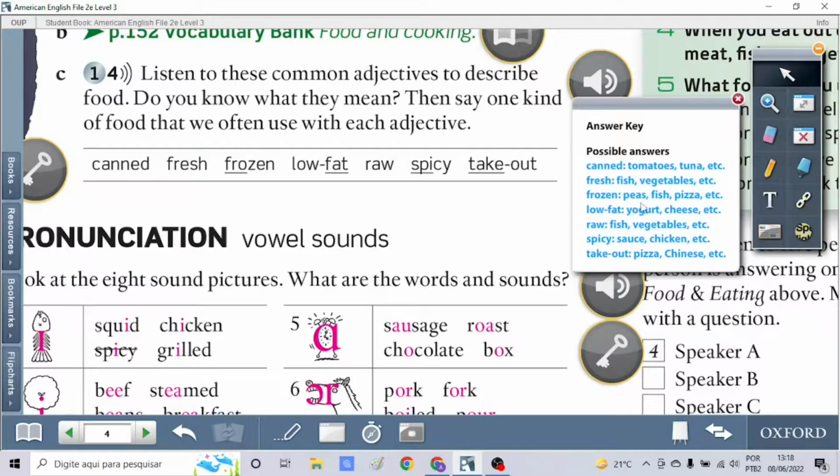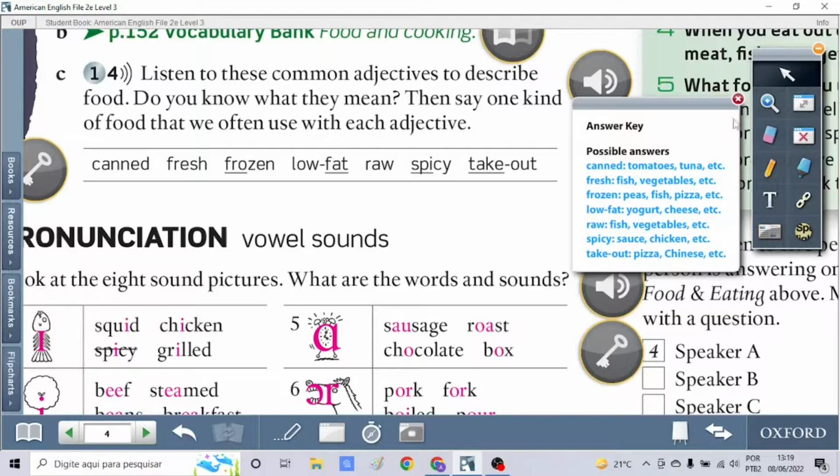Frozen, we can use with peas, fish, pizza, etc. Low fat, it could be yogurt, cheese. Raw, we can use with fish, vegetables. Spicy could be the sauce, chicken. And takeout, we can use it for pizza, Chinese.